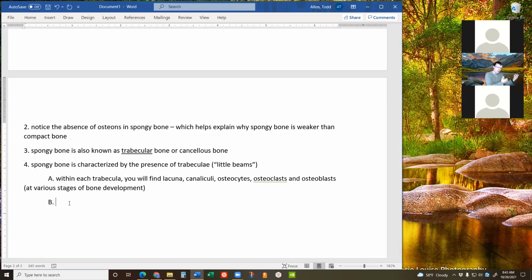But what I want you to appreciate is that the open space in between the trabeculae can be used to store both yellow and or red marrow, depending on the type of bone that we're talking about. Mother Nature likes to be very efficient in how she uses space in your body, and this is one way she is efficient in that regard.